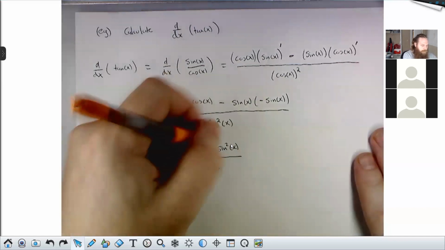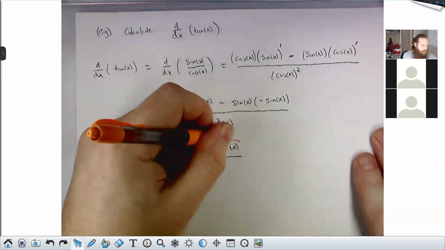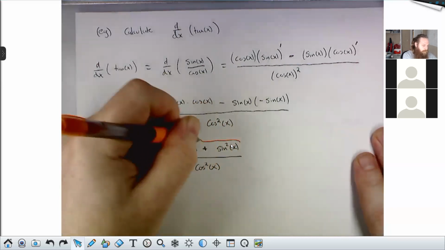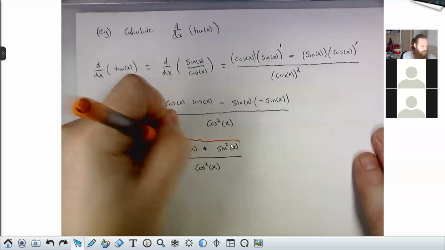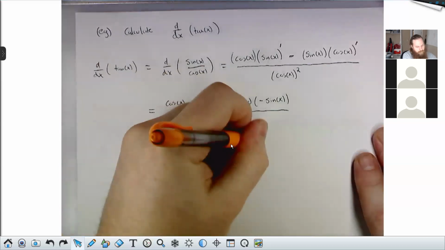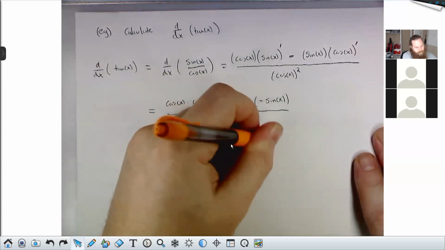I know that this is equal to 1 by the Pythagorean identity.